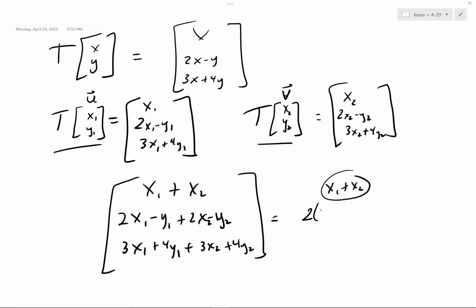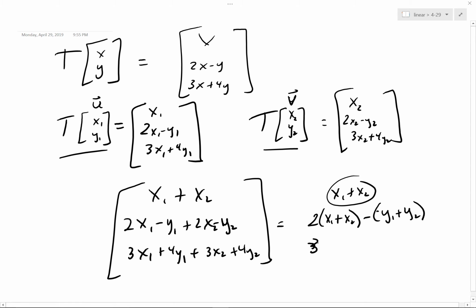So I'm going to have 2 times x1 plus x2 minus y1 plus y2, and then here you're going to have 3 times x1 plus x2 plus 4 times y1 plus y2. Ta-da! That just means they're the same.